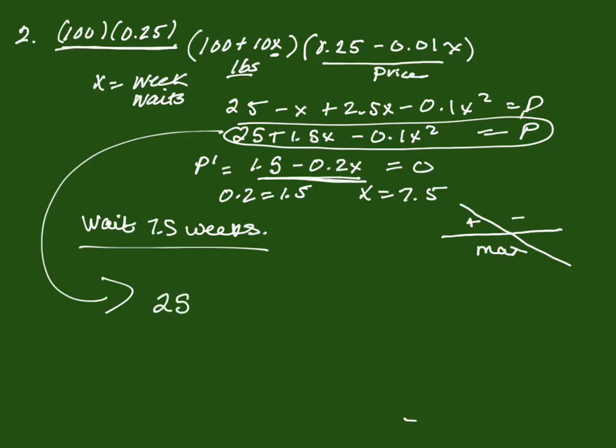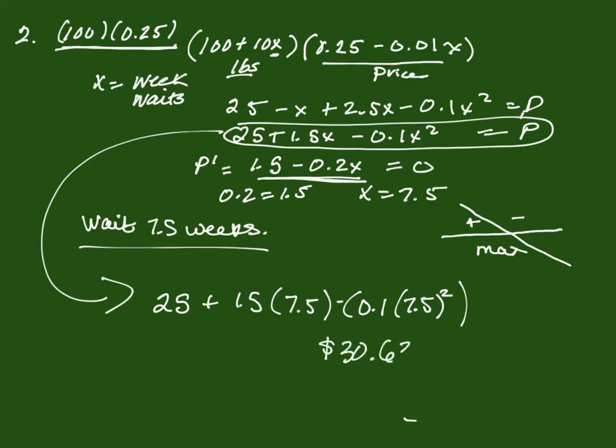So 25 plus 1.5 times 7.5 minus 0.1 times 7.5 squared. And that comes out to be $30.63. And that's per tree, dollars per tree. So that was number 2, and I'll stop and do the next ones on the next video.